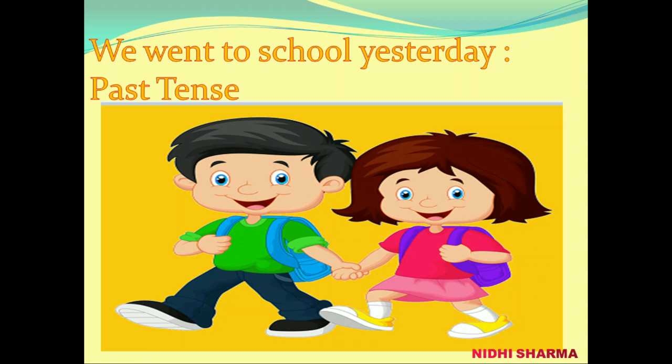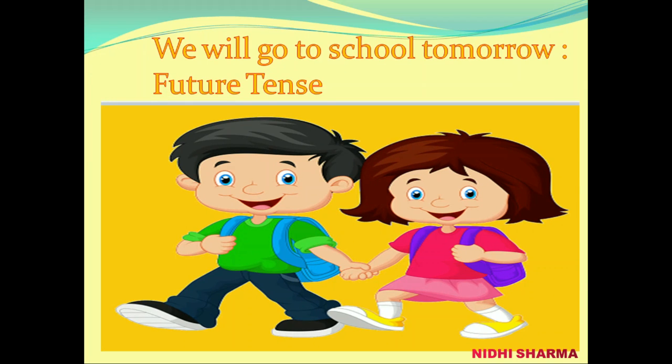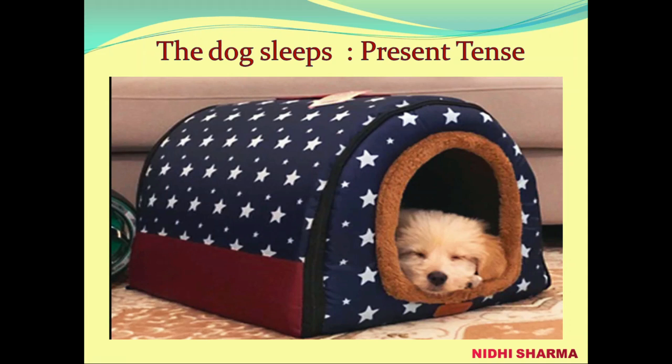Now this sentence is in past tense because the verb went denotes the action which was done in the past. We will go to school tomorrow. So this sentence is in future tense because the verb here denotes the action which will be done in the future time.